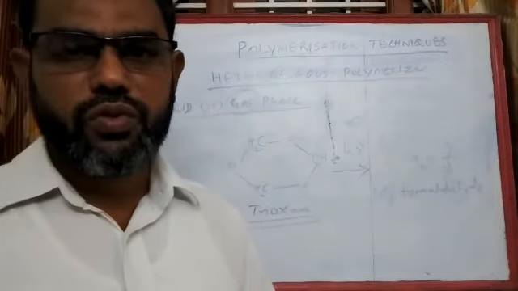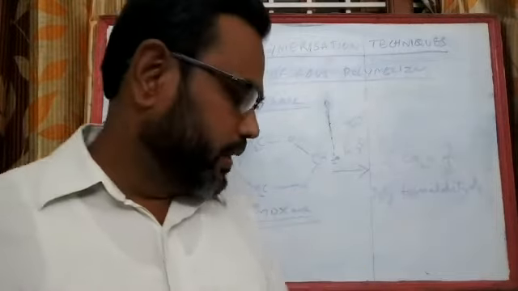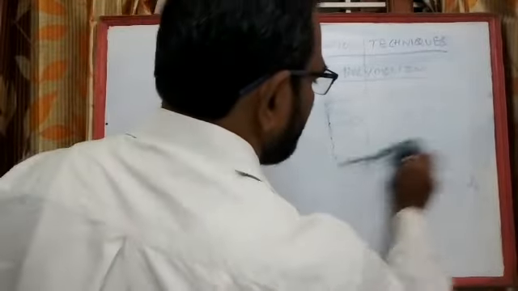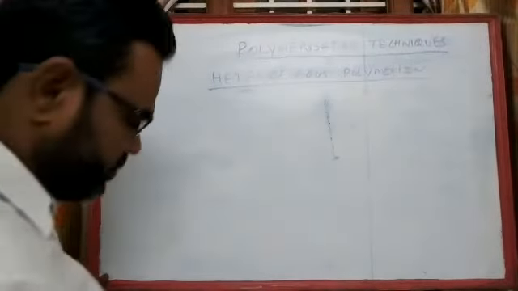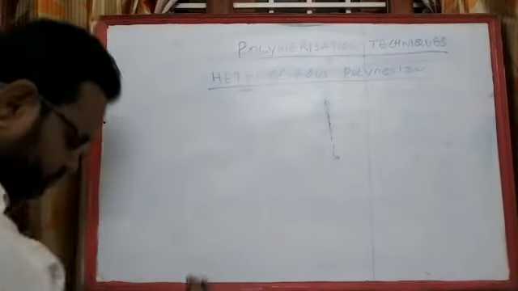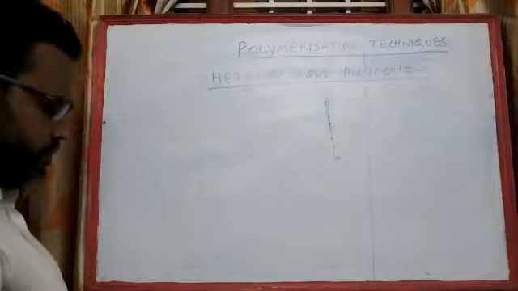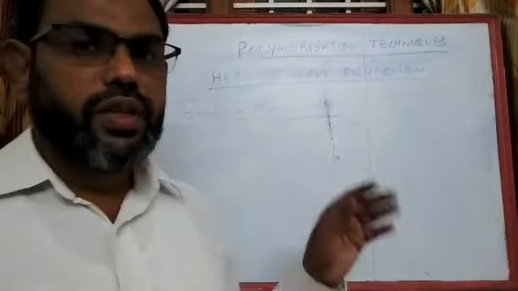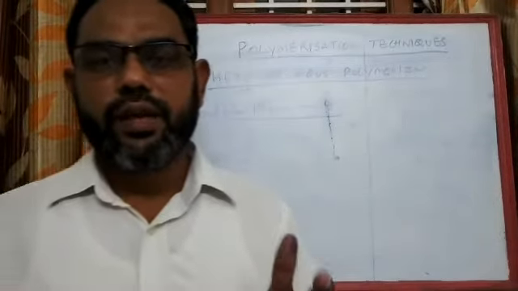Okay. Now let us move into another type of heterogeneous polymerization called emulsion polymerization. Emulsion polymerization involves the presence of an emulsion.